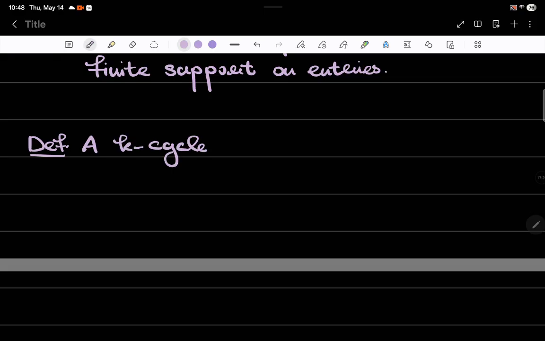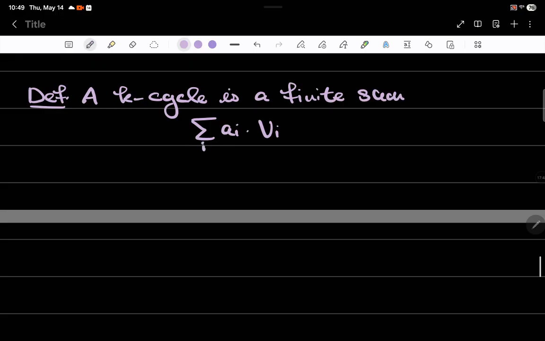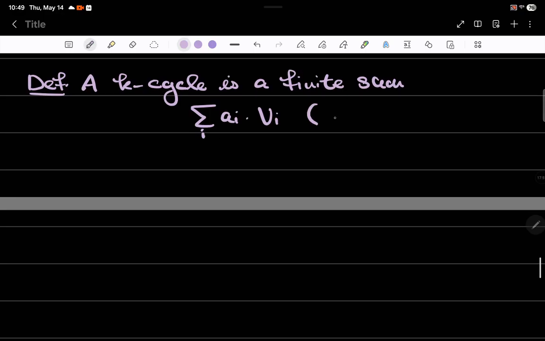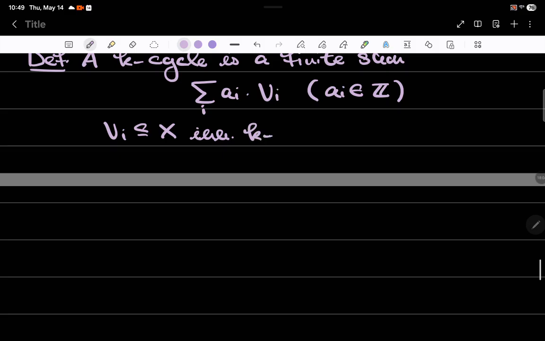A k-cycle is a finite sum a_i V_i, where the coefficients are integers and where V_i are irreducible k-dimensional subvarieties.